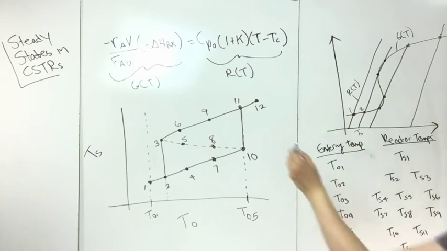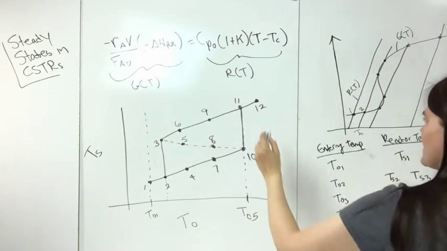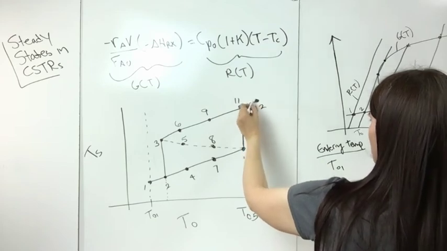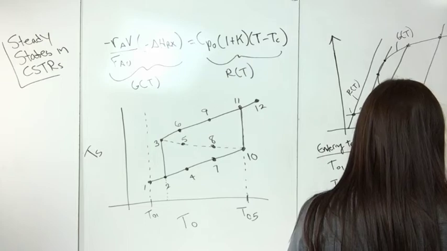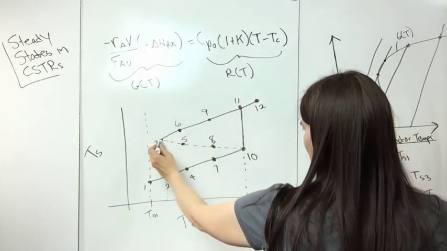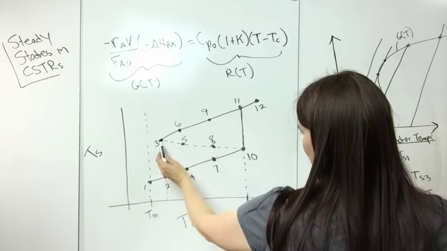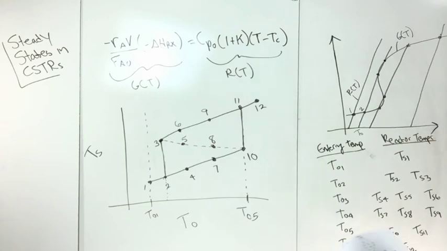And so this is called the ignition temperature. And if your reactor is operating at this temperature and you start decreasing the temperature, then it would drop all the way to here, at which point anything below this temperature, it'll drop down to here. So that's called the extinction temperature.